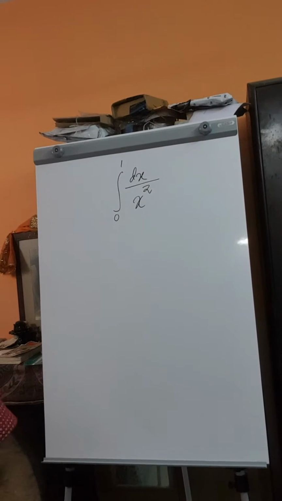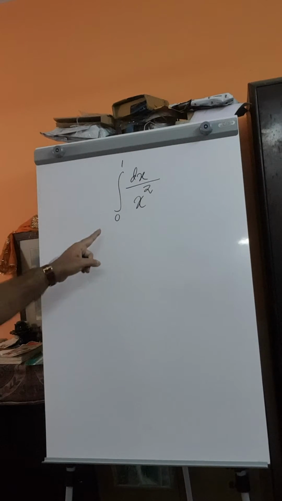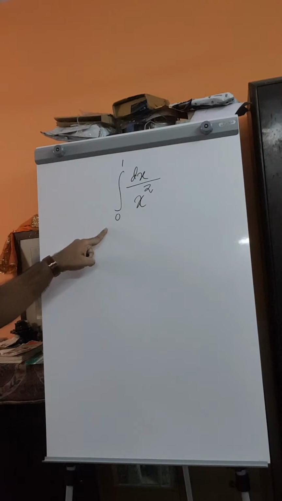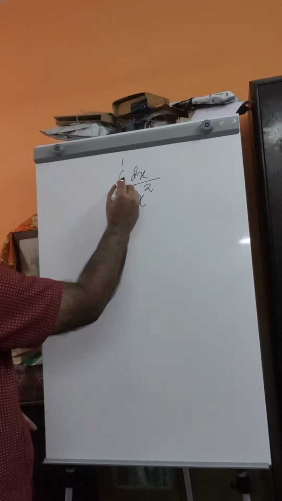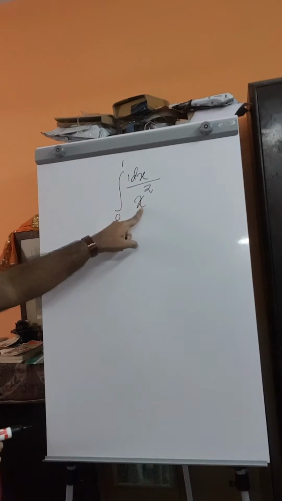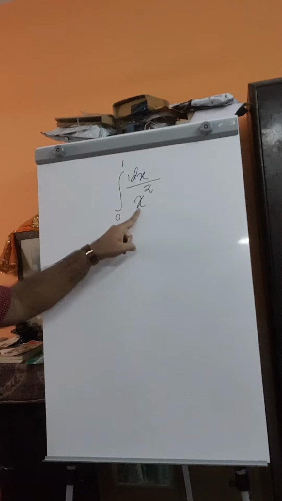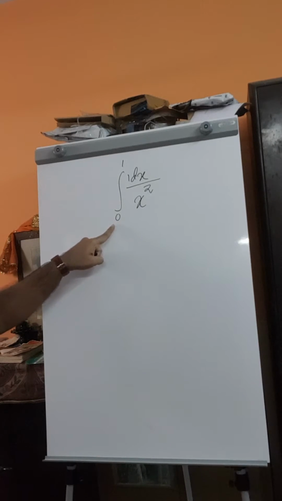So here, as we can see, this comes under type 2 improper integral, because both the lower limit and the upper limit are finite, but the integrand function, that is 1 upon x square, has an infinite discontinuity at the lower limit itself, that is at x equal to 0.